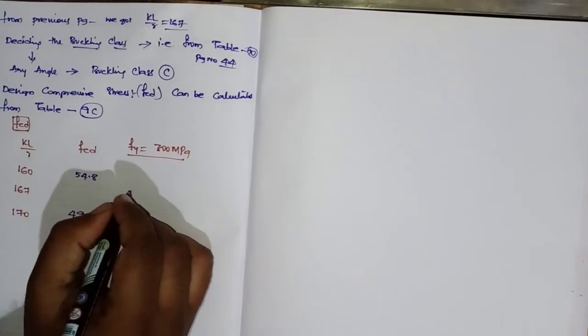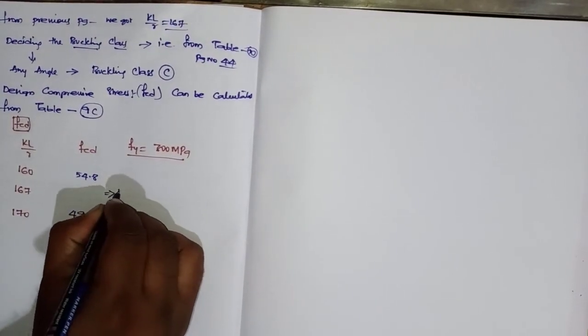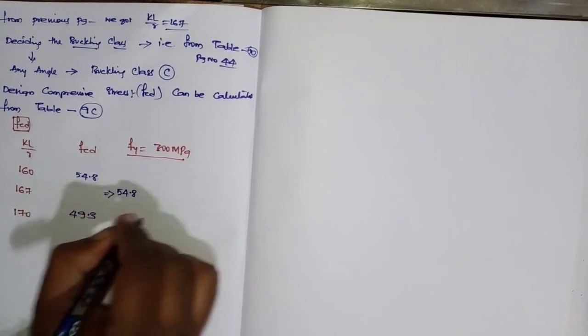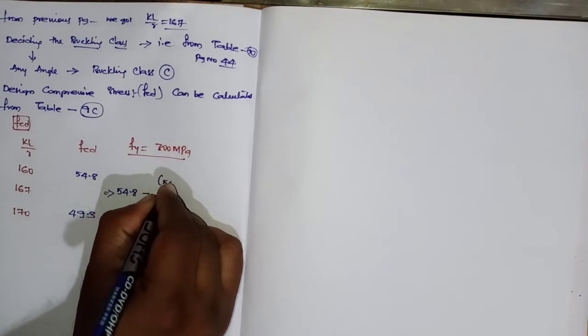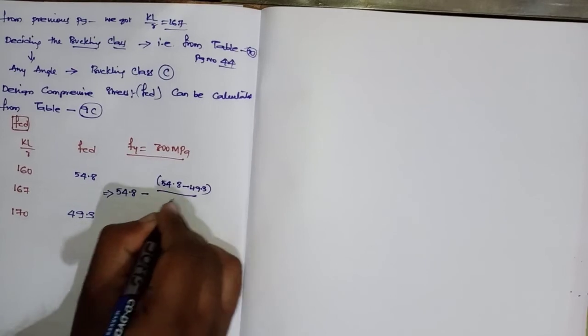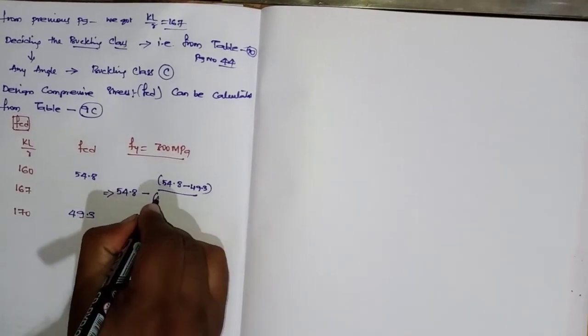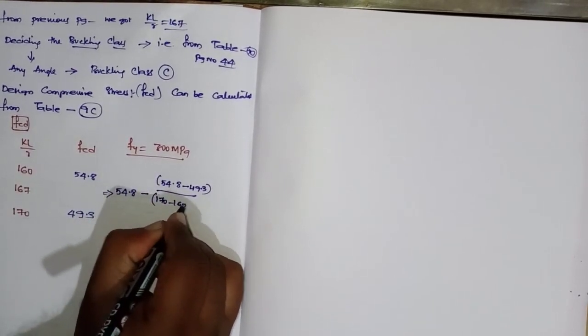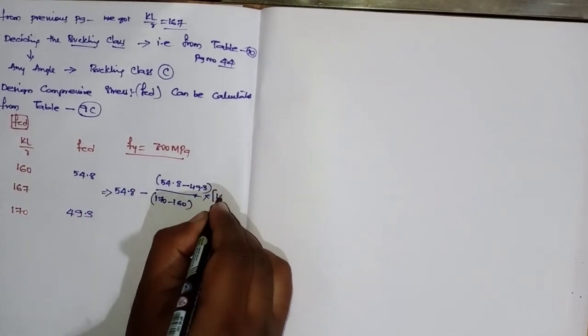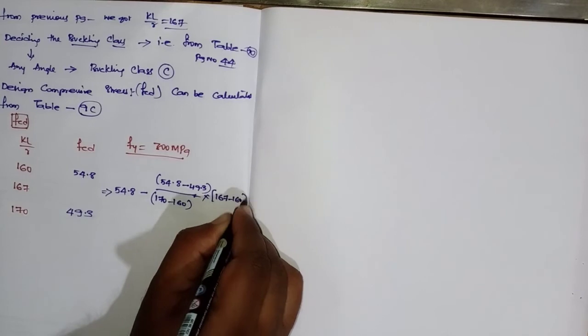So we'll do interpolation. From 54.8 it is decreasing, so minus of 54.8 minus 49.3 divided by 170 minus 160, into, we have taken the first as the reference, so 167 minus 160.